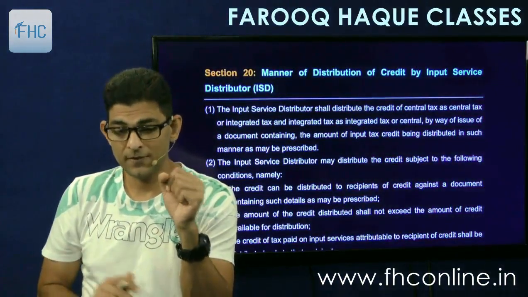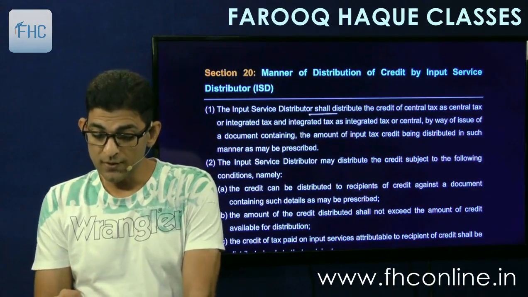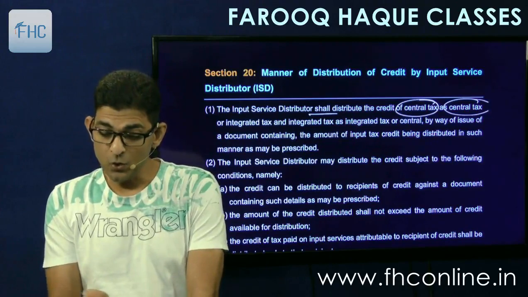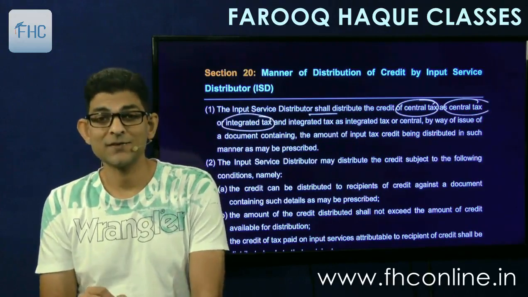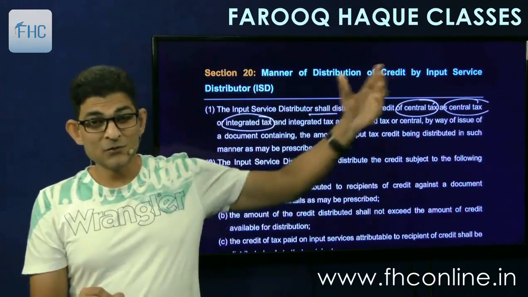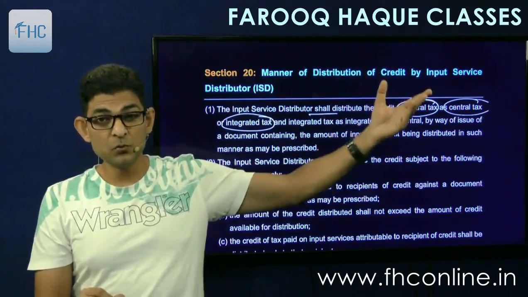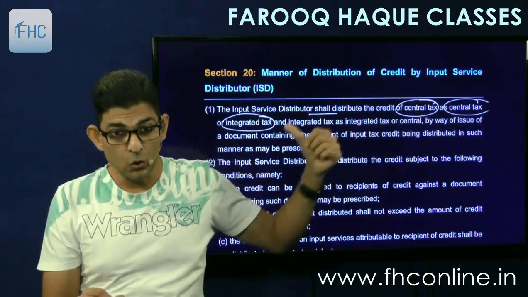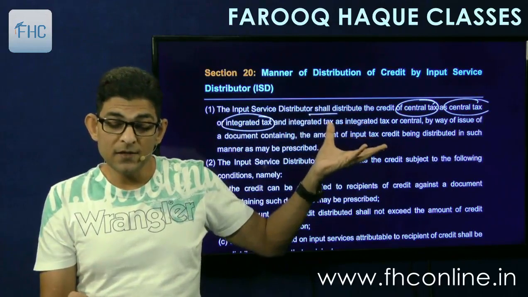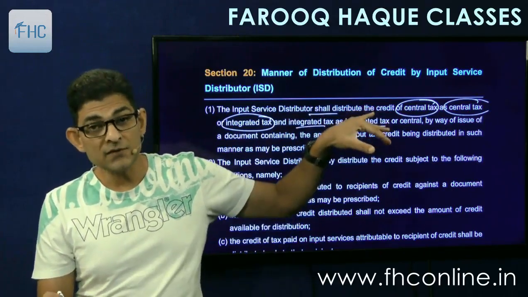Section 20. The input service distributor shall distribute the credit of central tax as central tax or integrated tax. Now see, the very first point is about the manner of distribution. So if the credit is of CT, the CT can be distributed as CT or integrated tax, and integrated tax as integrated tax or central tax.